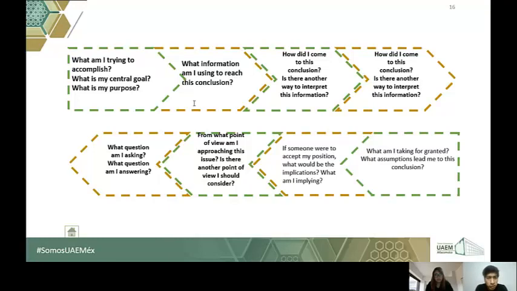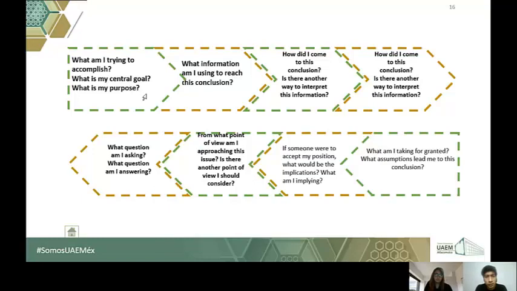For assumption, we must ask ourselves what I am assuming or what assumption led me to this conclusion. For implications or consequences, I must ask myself, if someone were to accept my position, what would be the implication or what am I implying?